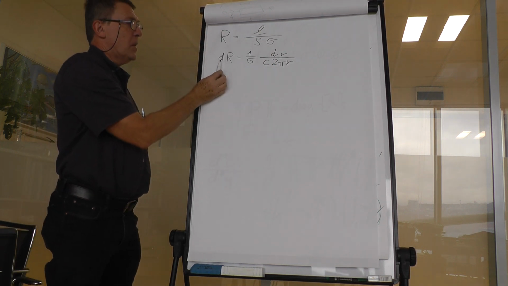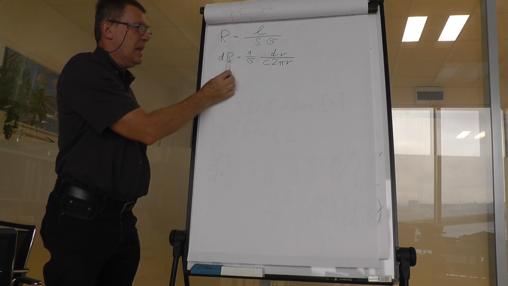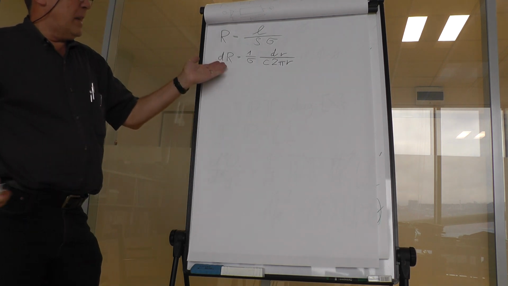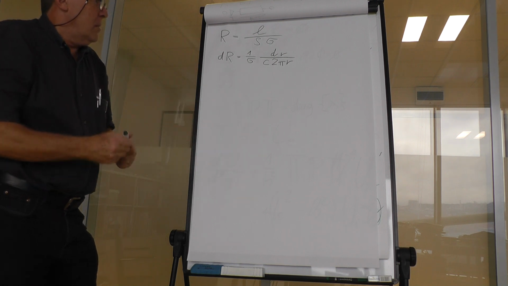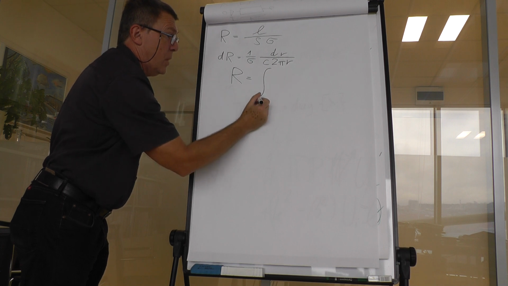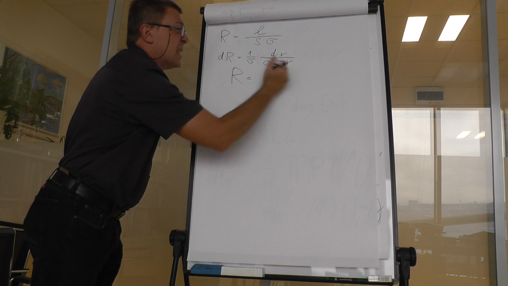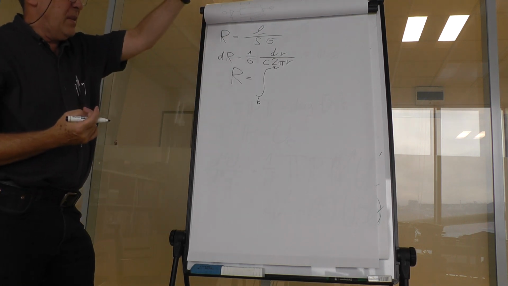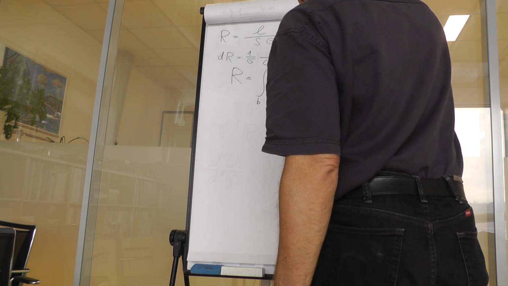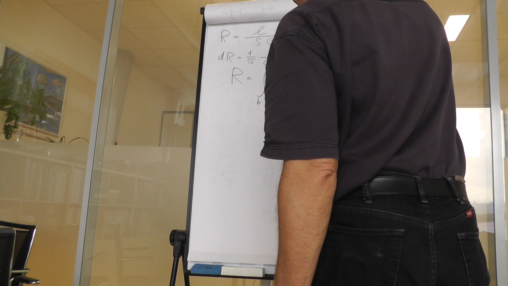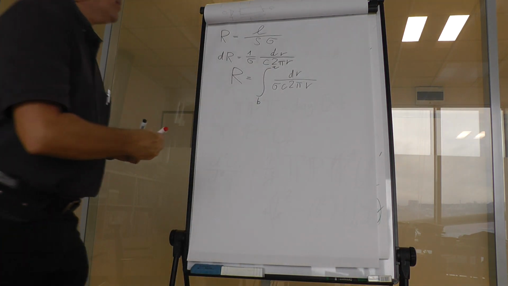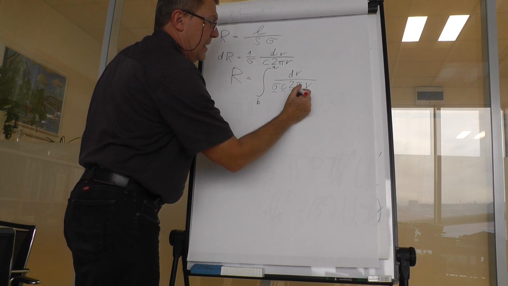Now distinguish, we have on the left side a differential of the resistance, which is big R, and this is the radius, small r. So we have the differential, now we have to get the integral value. That's simple, we just integrate. So R would be the integral from the inner radius b to the outer radius a, since the current flows from inner radius to outer radius, and inside we have dr over sigma c 2 pi r. This is quite simple because these are constants.